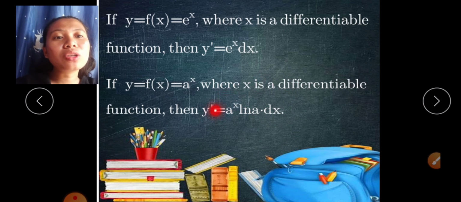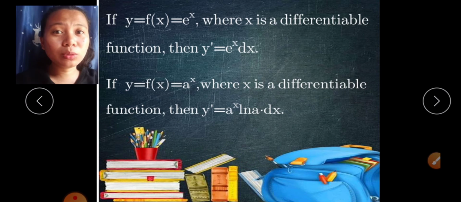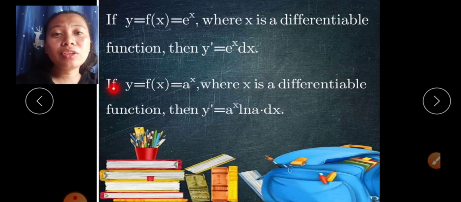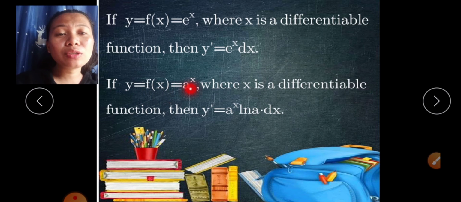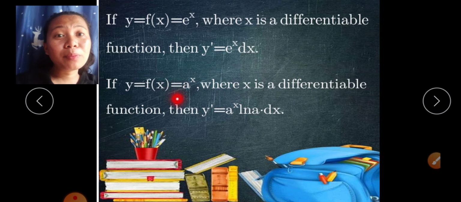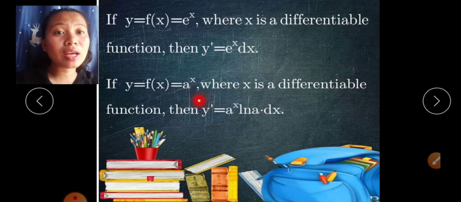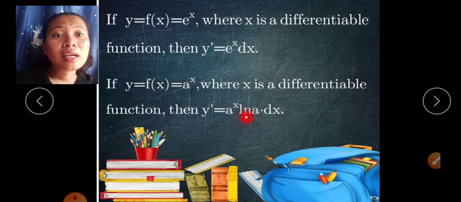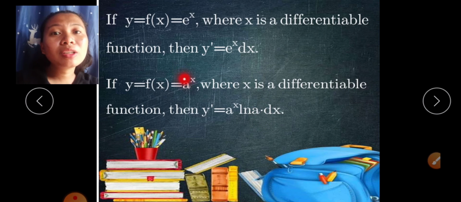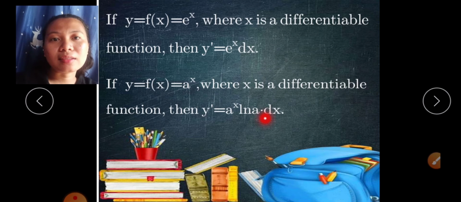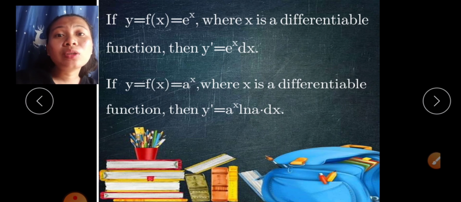So ang pasabot diri asa ikaduhang rules is if the derivative of y equals a to the x, so the answer is y prime equals, you copy the exponential form, which is a to the x, then you multiply the ln a, which is our a is a constant, and then we multiply the derivative of our exponent, which is the dx. So that is the rule number 2.